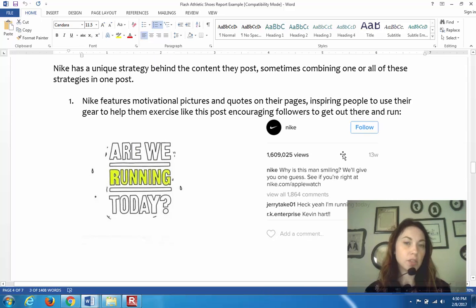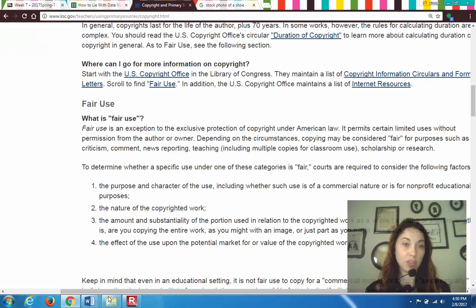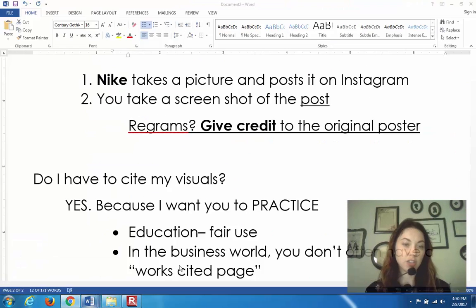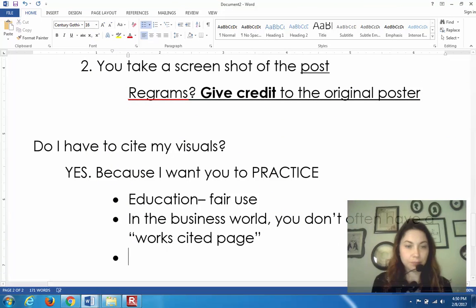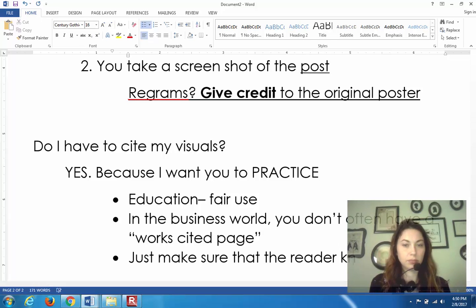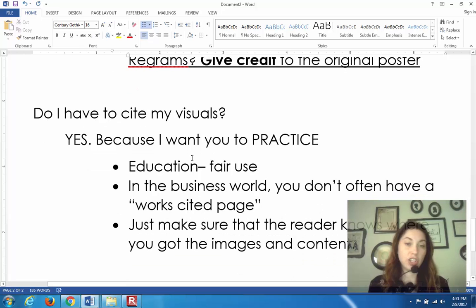So really use the student sample to help guide you into how much you need to cite your images. You really just have to make sure it's clear to the reader that they know where you got it. Okay? That's really all you need to do.